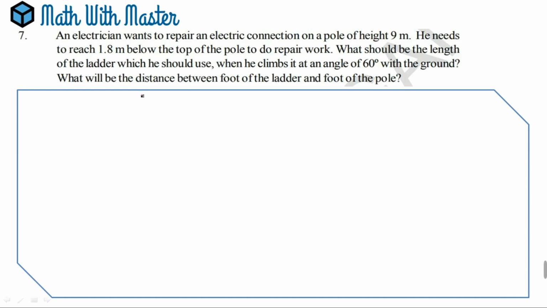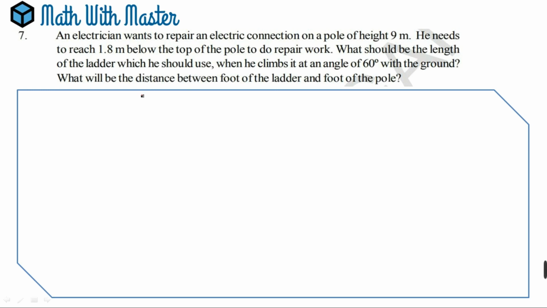What should be the length of the ladder which he should use when he climbs it at an angle of 60 degrees with the ground? What will be the distance between the foot of the ladder and the foot of the pole? So there are two questions asked in this question, and we will do both of them.